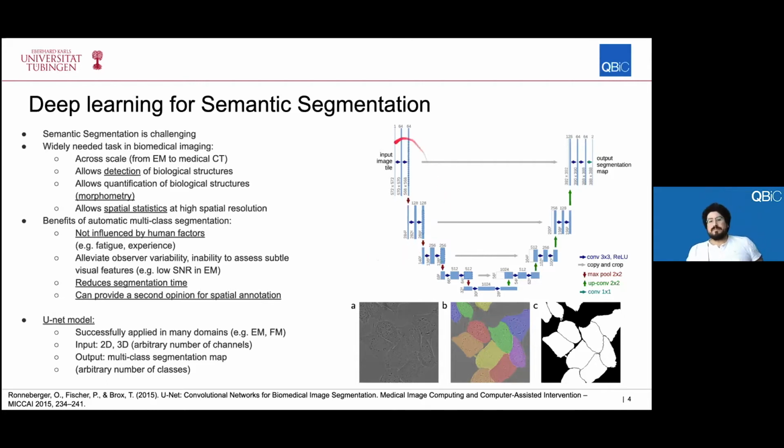So as you can see here, this U-Net architecture is composed of convolutional neural networks, and as an image goes through a convolutional layer, it is abstracted into so-called feature maps.